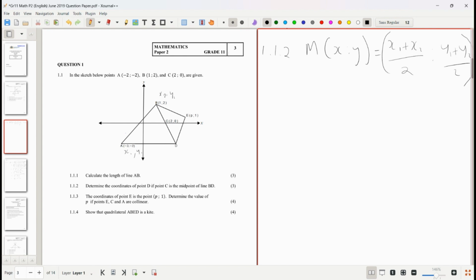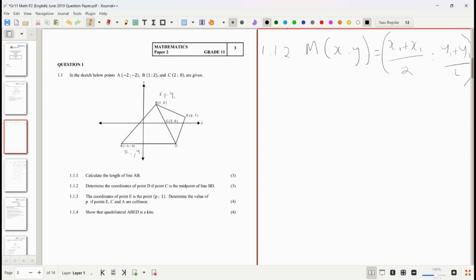So this is the formula of the midpoint. Sometimes they can put xa plus xb divided by 2, ya plus yb divided by 2. So they can put it in different ways, but it's still the same formula.